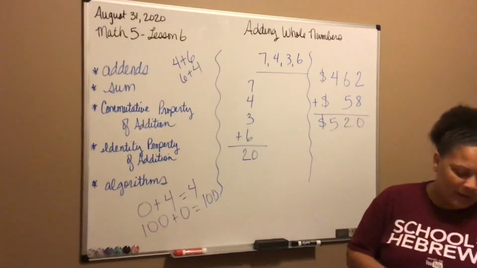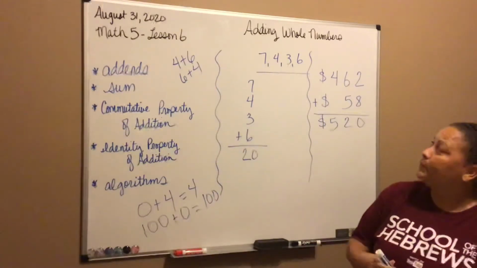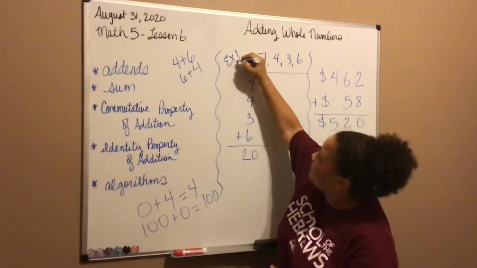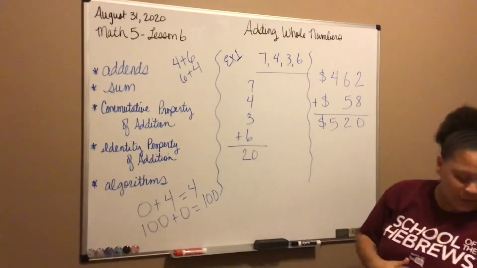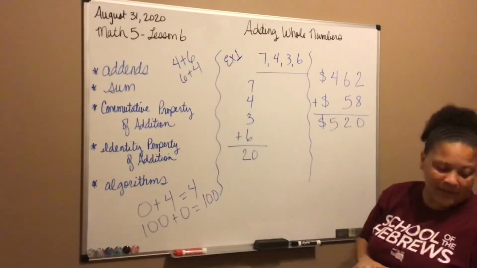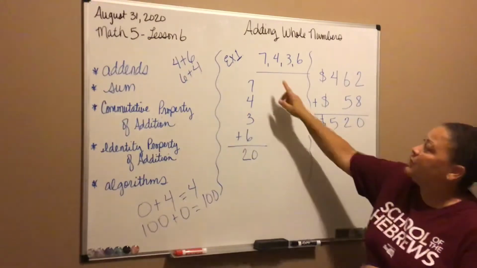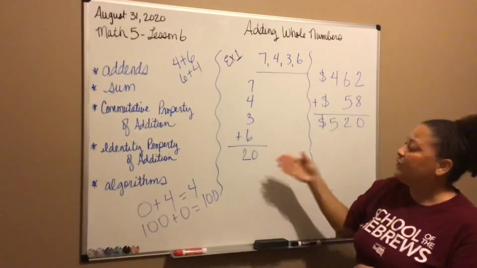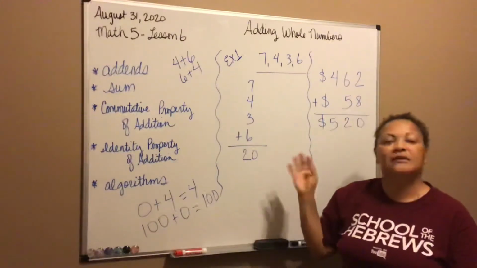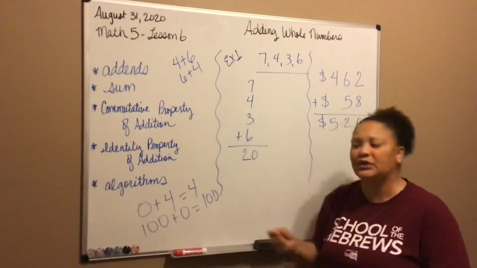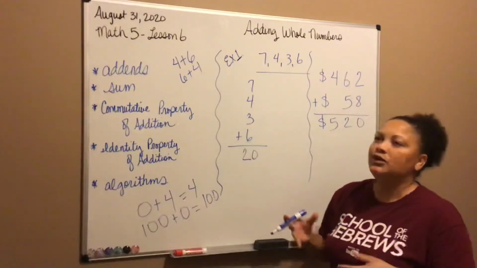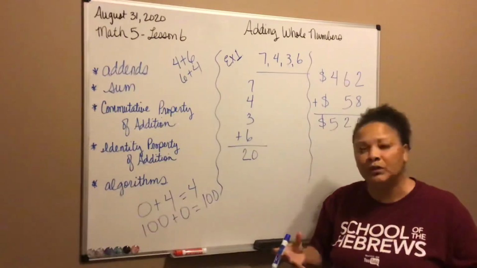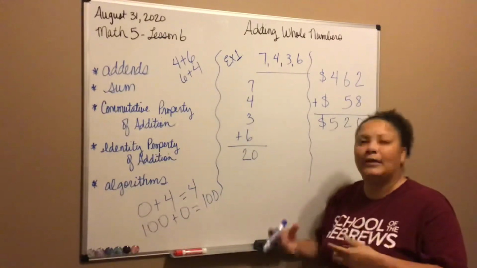So let's look at example number 1. I have example number 1 kind of pre-written on the board. Okay, and so it says, what is the sum of 7, 4, 3, and 6? So we have the numbers 7, 4, 3, and 6. And so to find the total of that, the book gives us an illustration of how you can take two numbers that equal something that you're familiar with to break it down and add it even more.